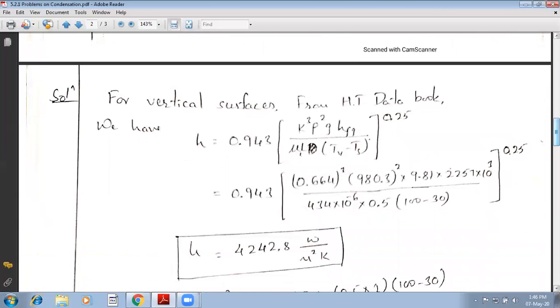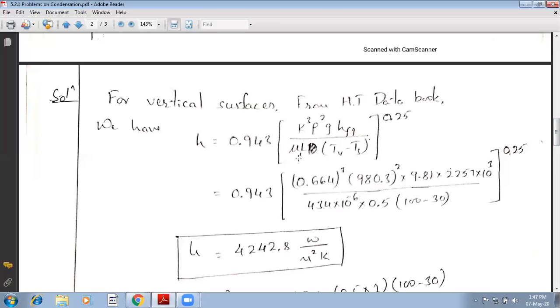Now if you look into the data handbook for film condensation, the value of H is given by this expression, that is H is equal to 0.943 into K cube rho square G into HFG upon mu into L into TV minus Ts, whole to the power 0.25, where K is thermal conductivity, rho is density, G is acceleration due to gravity, HFG is latent heat, it should be substituted in joules per kg.